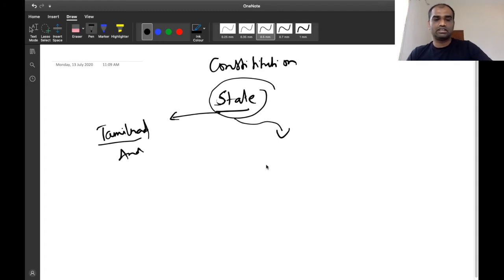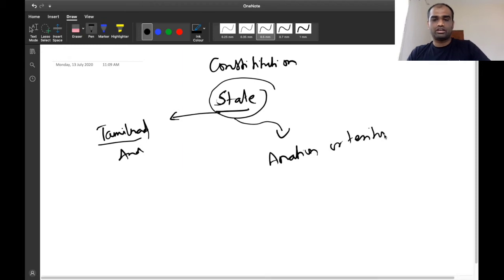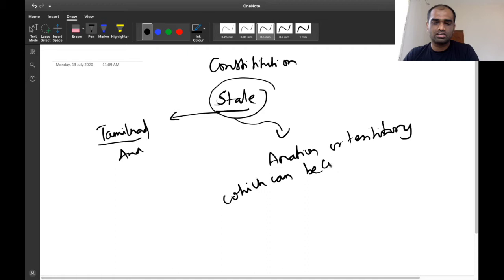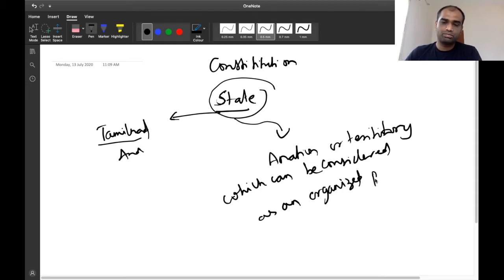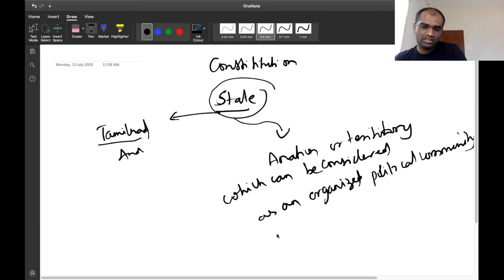A state is a nation or territory which can be considered as an organized political community under one government.